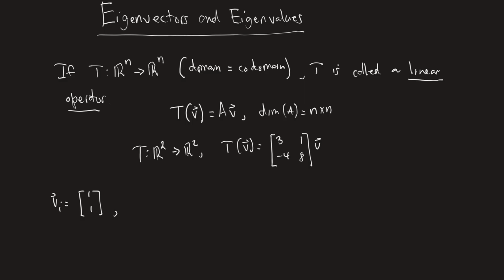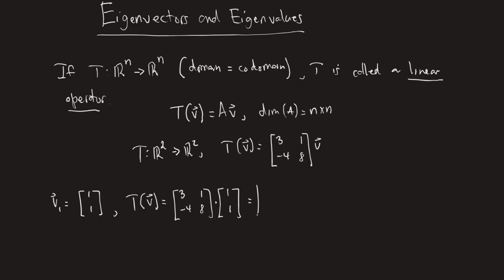So let's take the vector v1, which is 1, 1. That's our pre-image, and let's see what the image is under this linear operator. We take our matrix 3, 1, negative 4, 8, and multiply it by the column 1, 1.